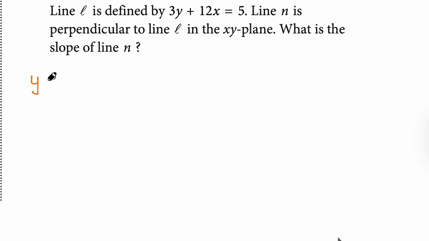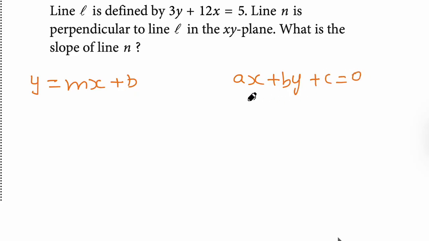If y = mx + b, that is slope-intercept form, the coefficient of x is the slope, but if ax + by + c = 0, that is standard form, we have to deal with slope, so we need only a and b.